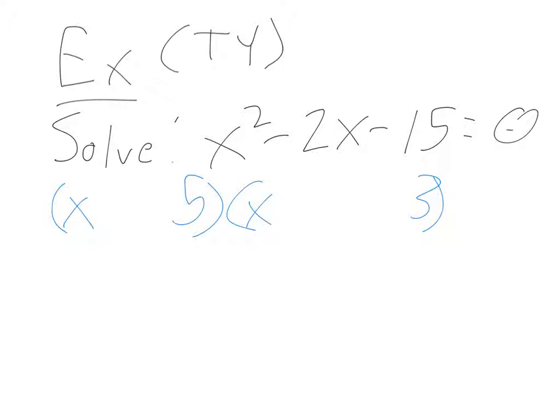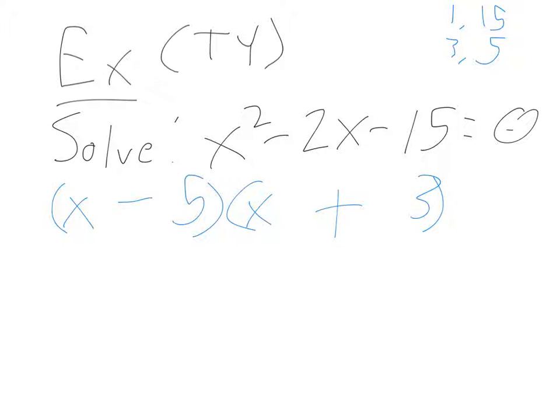If you're not sure how I come up with that, you can list out all the factors of 15. I think those are it, and you find which of them have numbers that subtract to give you 2. And since the first sign is minus, that means the bigger number would be negative.